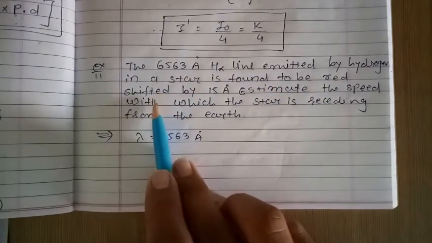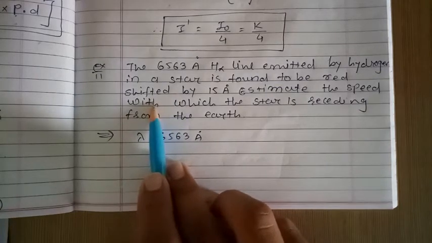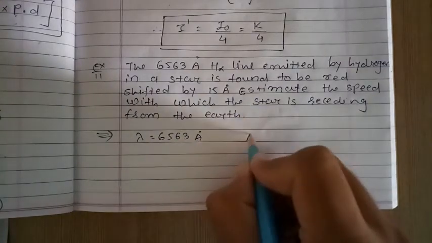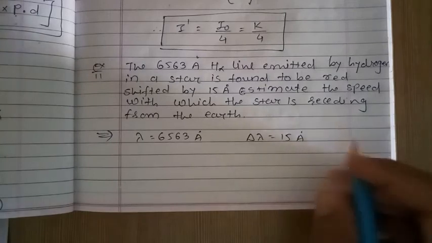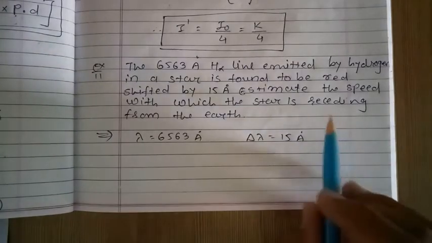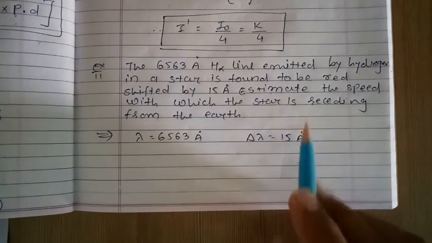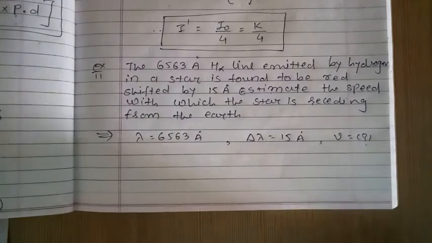We already discussed the redshift in the Doppler effect. So redshifted by 15 Angstrom, so the change in wavelength, delta lambda, is 15 Angstrom. We have to estimate the speed with which the star is receding, so we have to find the speed v.